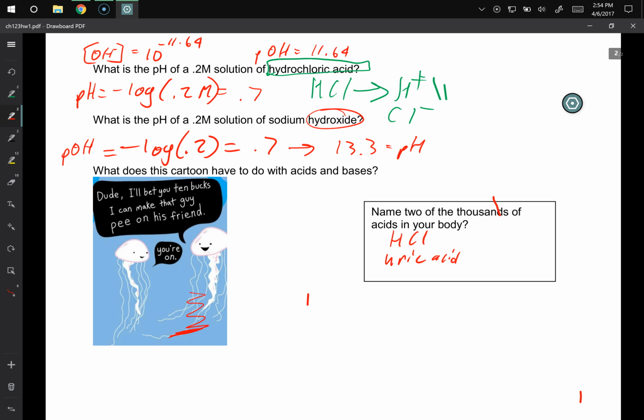Deoxyribonucleic acid. Okay, so the A in DNA. So ribonucleic acid, it is acidic. It's a pretty big molecule, but for certain. Something else?